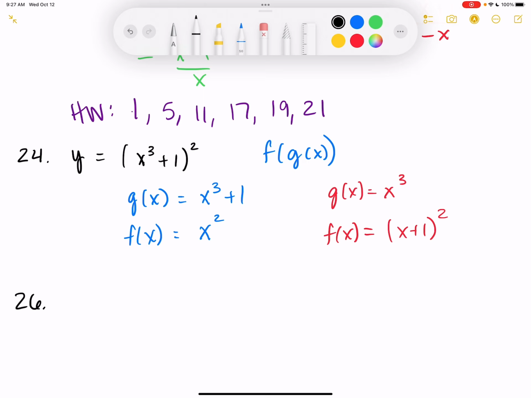26. Y equals 1 over x cubed minus 5x plus 3. So what do you think g of x should be?